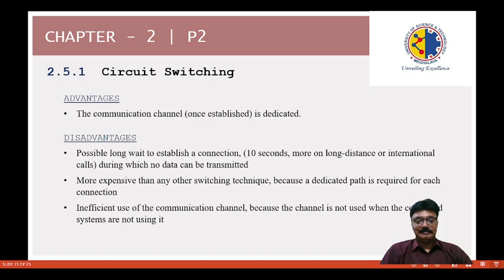We'll see that in further slides, because a dedicated path takes a separate connection and it is more expensive also. It is also an inefficient use of the communication channel, because the channel is not used when the connected systems are not using it. So that is inefficient use, which we can say at this moment.